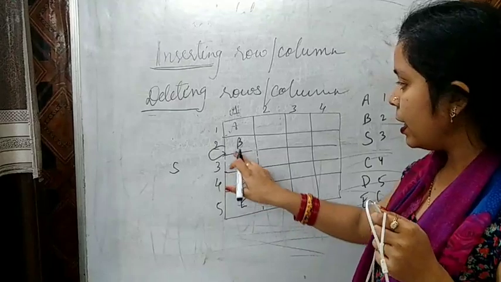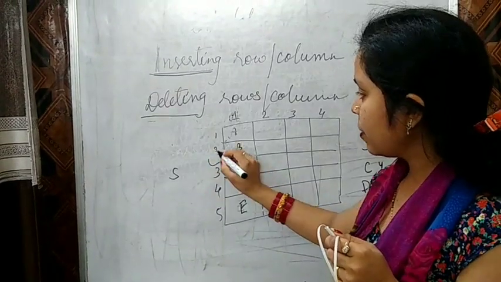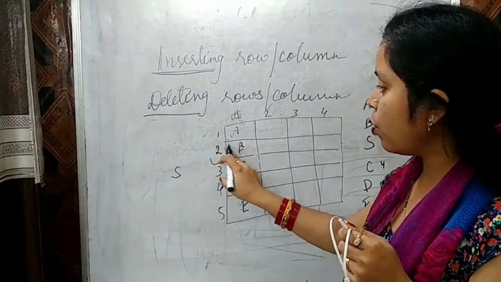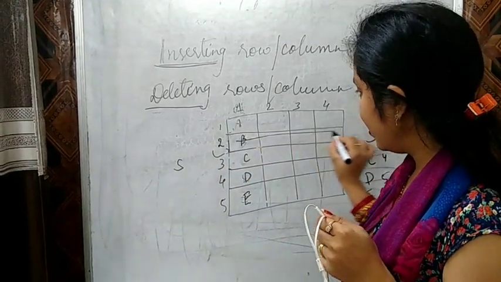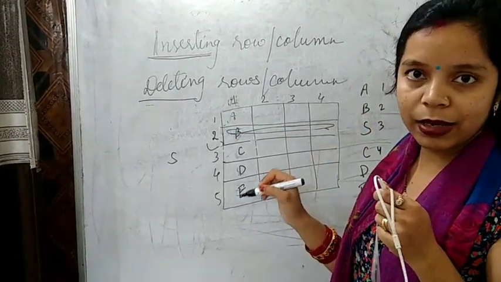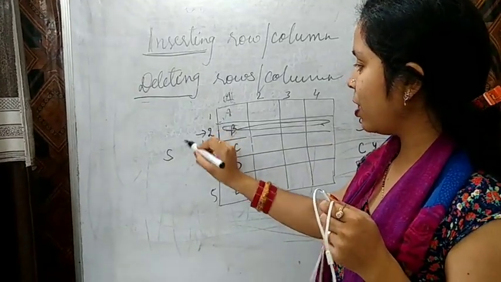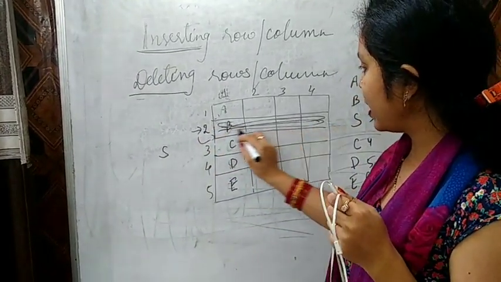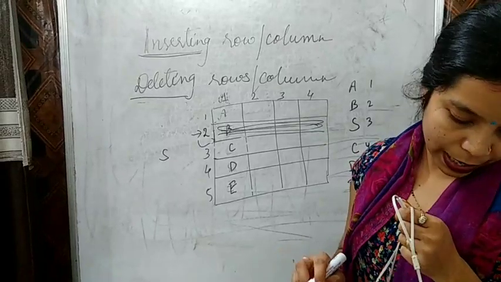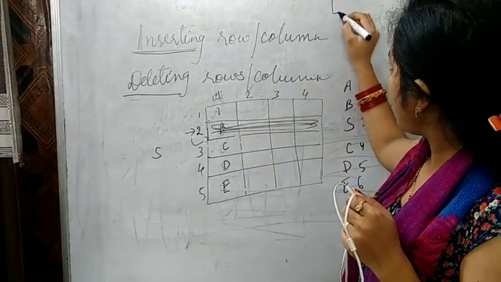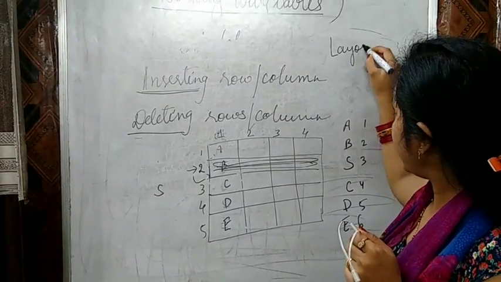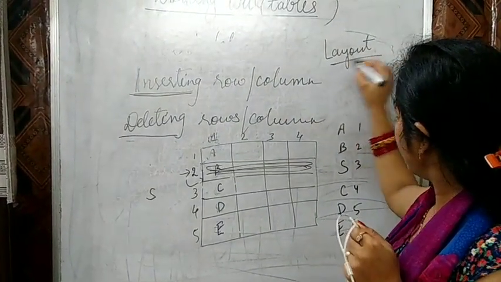So how will you do that? It's very simple. Suppose I want to insert one row after the second row. So what you will do? You will select this second row. Selecting I have told: you will simply click in front of the row, and the whole row will be selected. After selecting the whole row, you will click on the Layout tab. One Layout tab you will get in your MS Word.